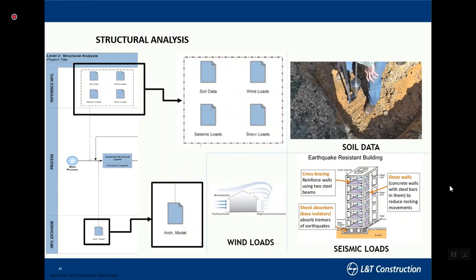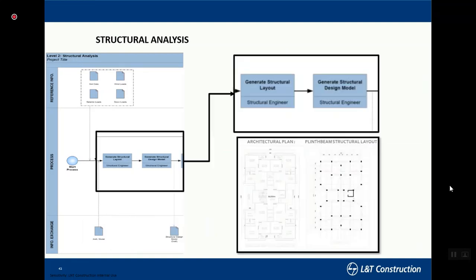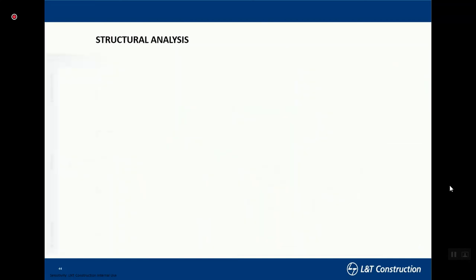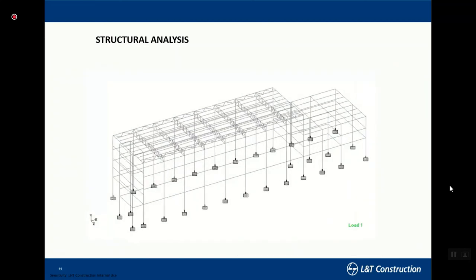So as a structural engineer, I got my data and I got my input in the form of a model. What do I do? By referring to the architectural model, let's say, I generate my structural layout, and by generating that parallelly, basically I'm actually creating a structural design model or the 3D model, pardon.